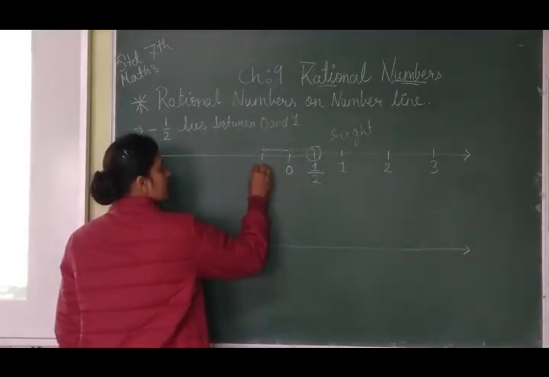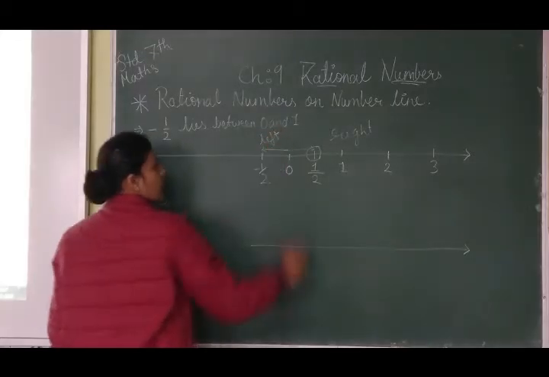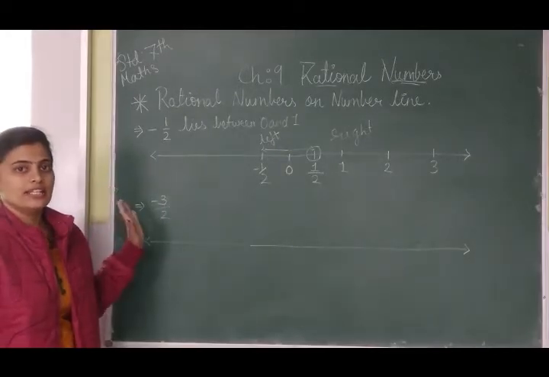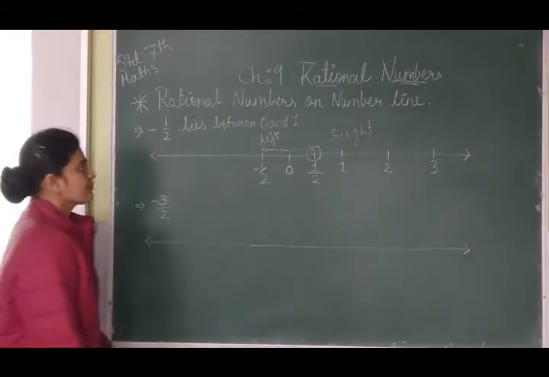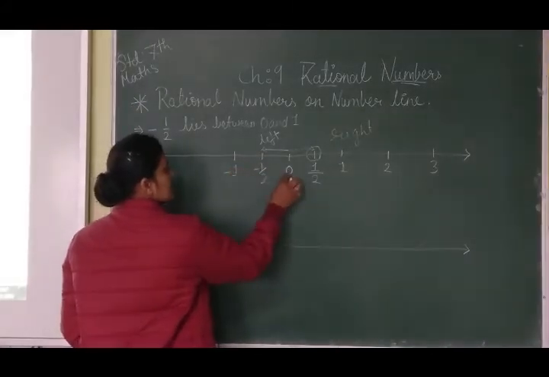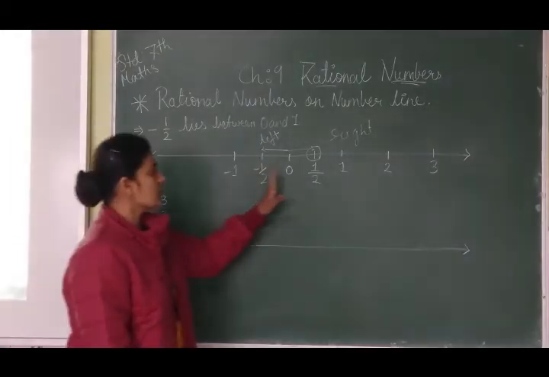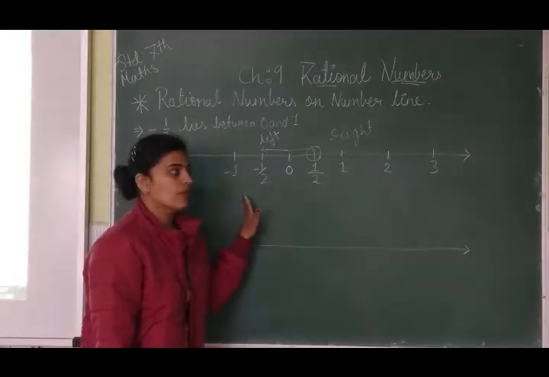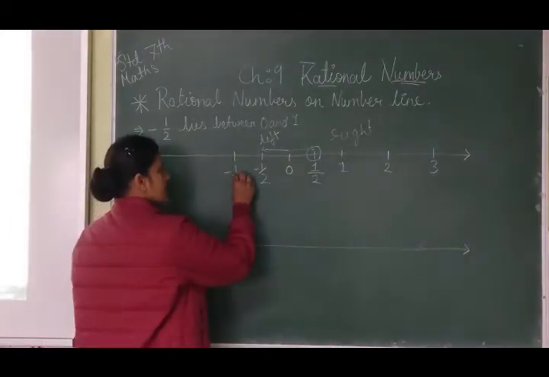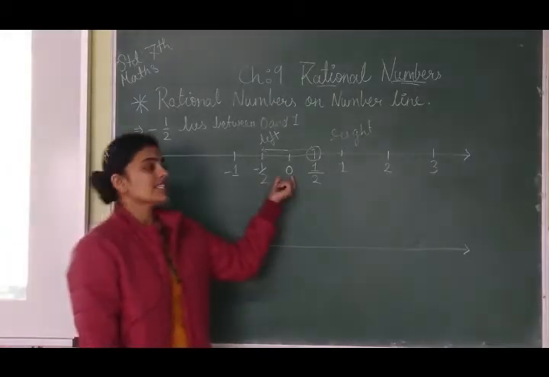So here it will be minus 1 by 2. On the left side, the negative number you will get, that is minus 1 by 2. And it will be in between 0 and minus 1. So whenever we are finding that negative rational numbers, then they are always on the left of the 0.